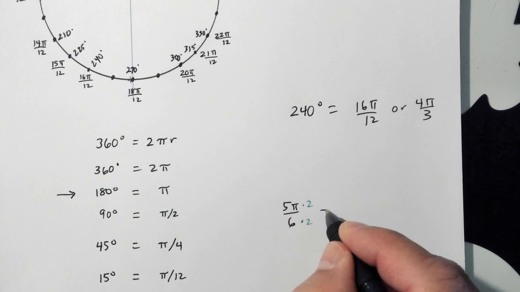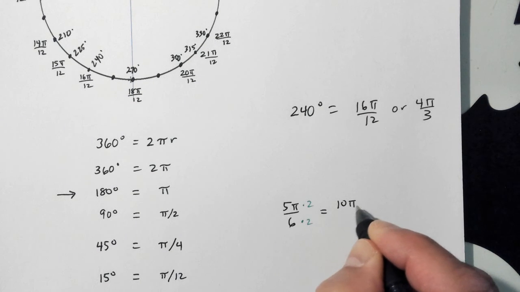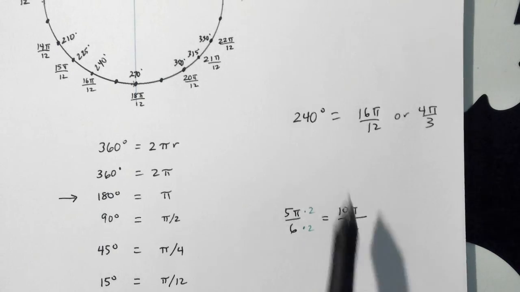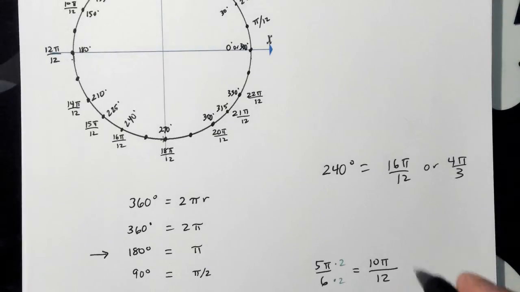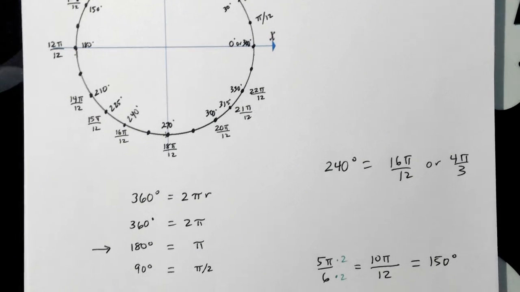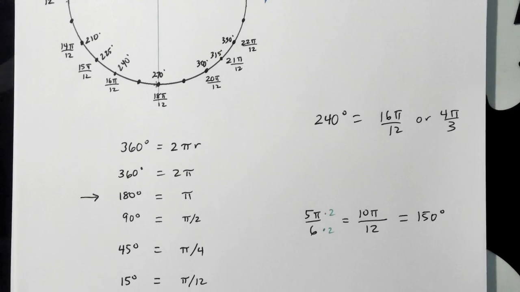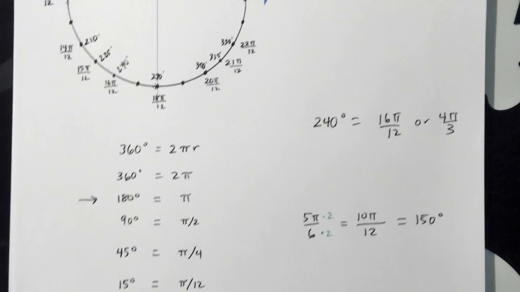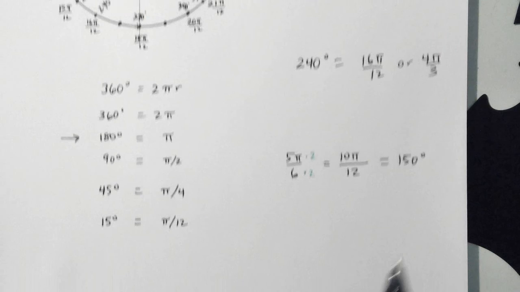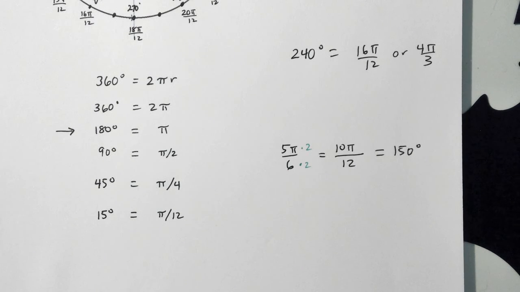So you get 10 twelfths. Where is that? Right there. That's 150 degrees. Bam! So simple. I'd say most of the problems are going to be that simple. Might take you 1 second. It might take you 2 seconds.